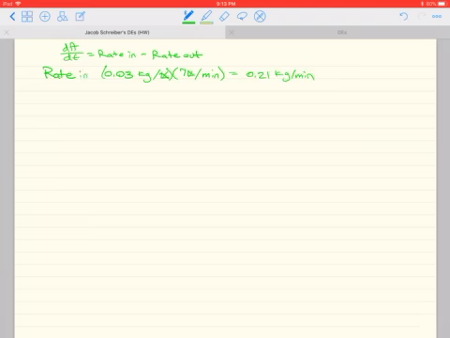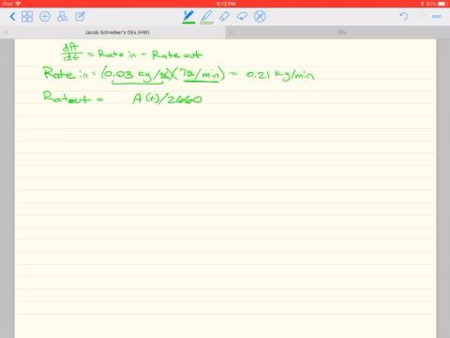Now a rate out is a little more difficult to solve. Thinking about rate out, we know that it's going out at that rate, but we don't know the concentration. We know that it's going in at a specific concentration, but the concentration in the tank is constantly changing. That rate in is adding to that concentration, so it's going to be variable. So we'll just label that as the amount at some time t over 2,660.